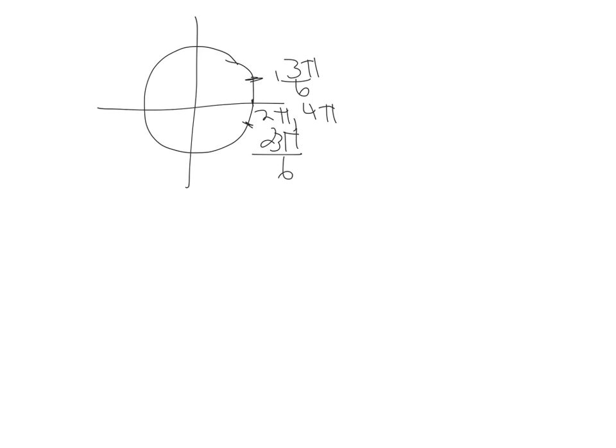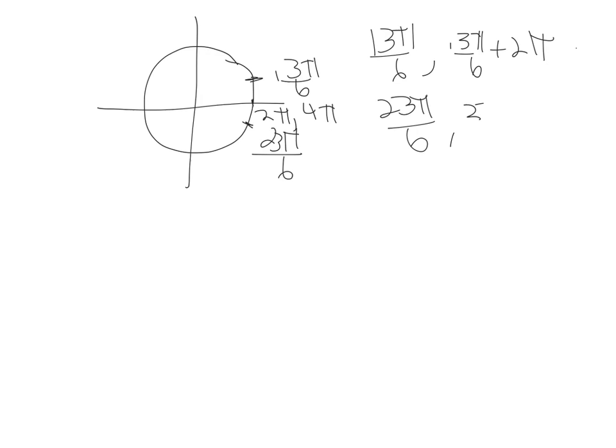Instead of thinking about it that way, it is probably easier to just add 2 pi. So I've got 13 pi over 6, and then 13 pi over 6 plus 2 pi, 23 pi over 6, and then 23 pi over 6 plus 2 pi. So these values we know would be 25 pi over 6, and this one would be 35 pi over 6.